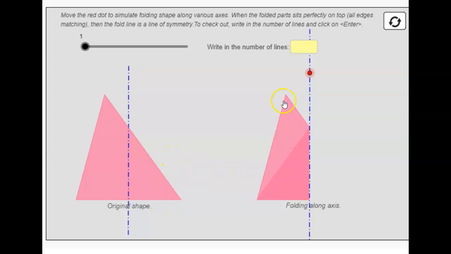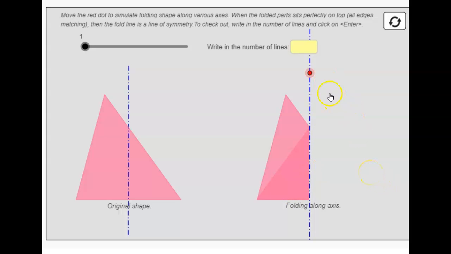These two shapes do not fit over each other. They do line up along this edge, but not along this edge or this edge. And I can even see that they are two different shapes. This shape has 4 sides, so it's a quadrilateral, and this shape has 3 sides, so it's a triangle.